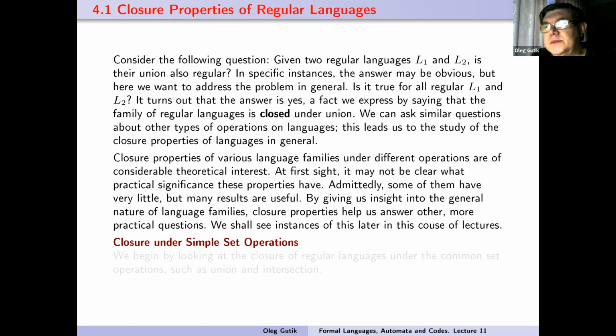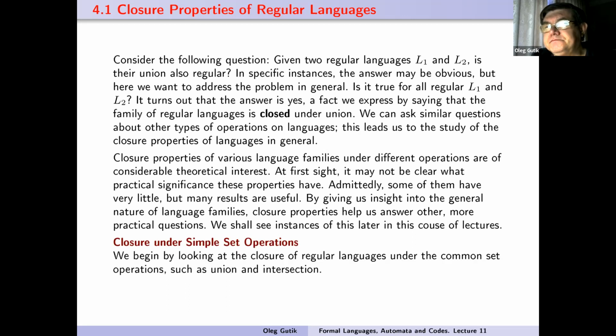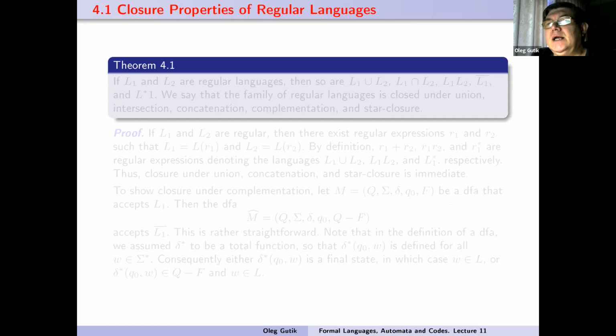Closure under simple set operations. We begin by looking at the closure of regular languages under the common set operations, such as union and intersection. Theorem. If L1 and L2 are regular languages, then so are the union of L1 and L2, the intersection, the product, the complement of language L1, and L1 star.